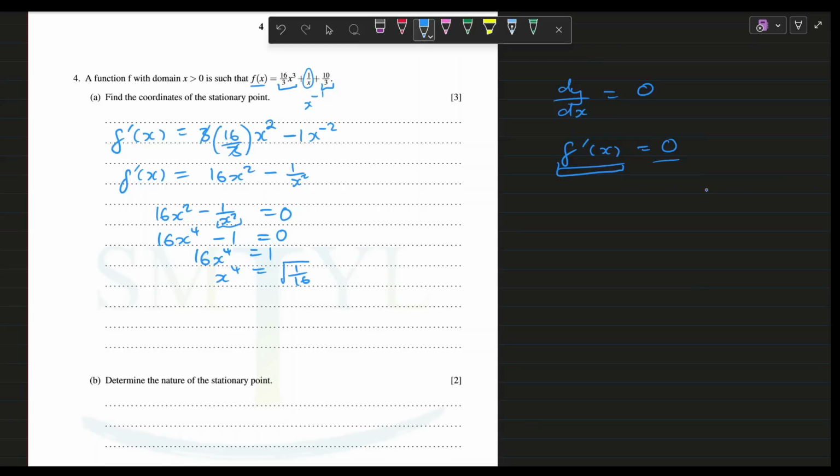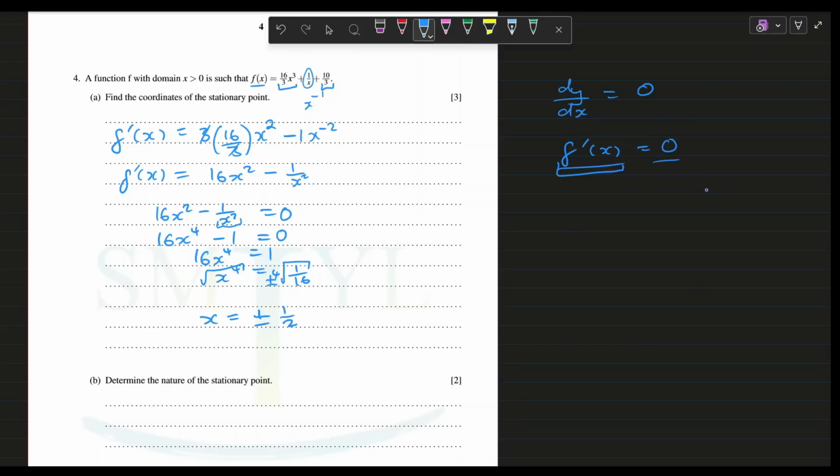We have to take the fourth root on both sides. Remember you get plus or minus if it's an even root that you're taking. So x is equal to the fourth root of 1 over 16, and this gives us plus or minus 1 over 2.